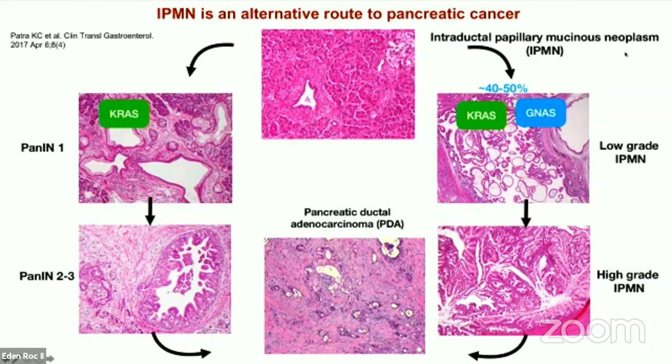Like its PanIN counterpart, IPMNs often harbor mutations in oncogenic KRAS, but they distinguish themselves from PanIN by having mutations in the gene called GNAS, which is found in 40 to 50% of IPMN-associated pancreatic cancer. At a later stage of development, these precursor lesions get additional mutations in P53 and other tumor suppressors, and finally they progress to pancreatic ductal adenocarcinoma.